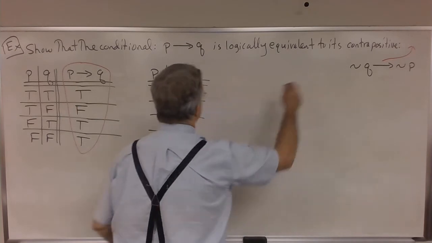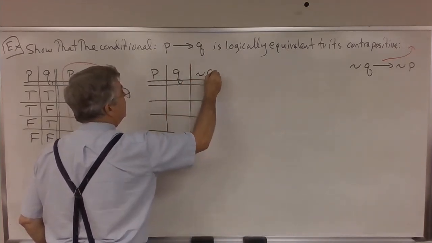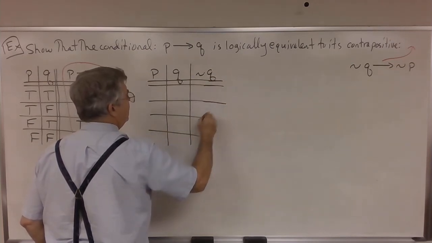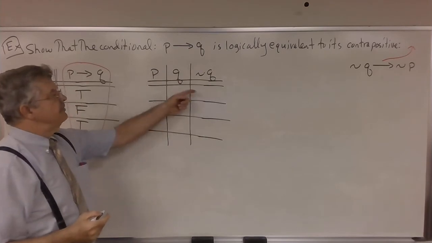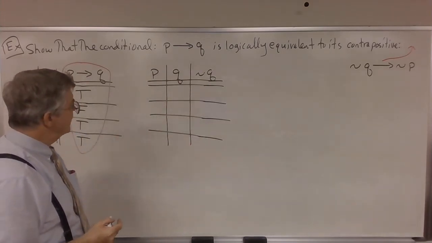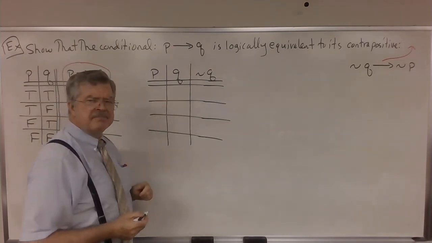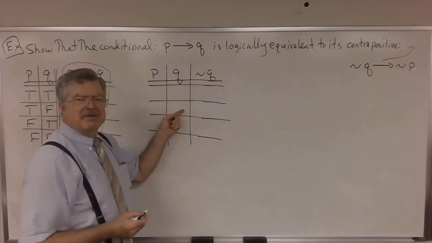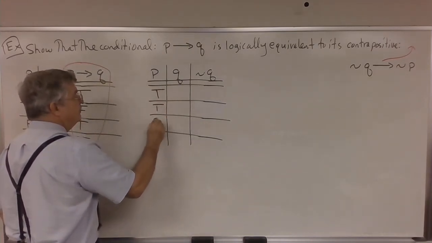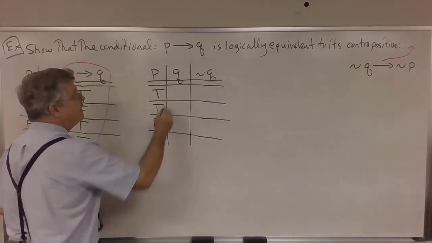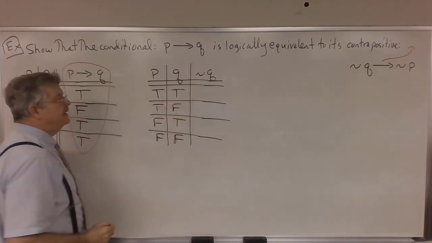So let's do not Q. And this negation sign changes truths to falses and false to truths. Funny thing though, I don't see truths and falses here. I better put some up here, huh? Okay, true, true, false, false, true, false, true, false. There we go.